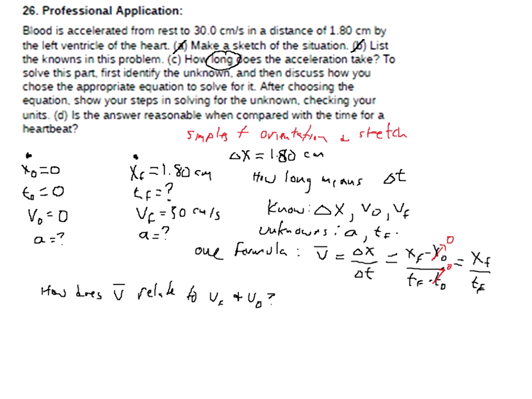So it doesn't say anything about the acceleration. So we need to make an assumption here with the acceleration. So if the acceleration is constant, then the average velocity is just the mathematical average of the initial and the final.